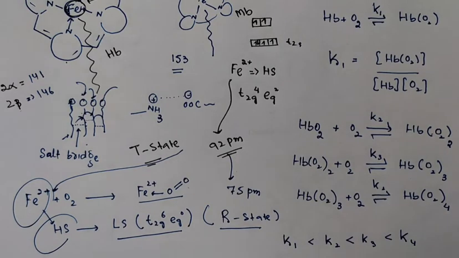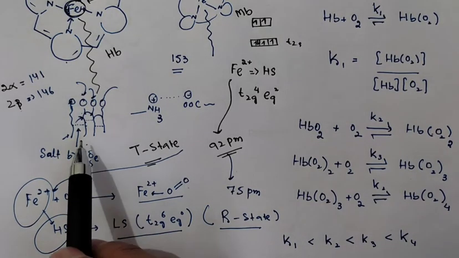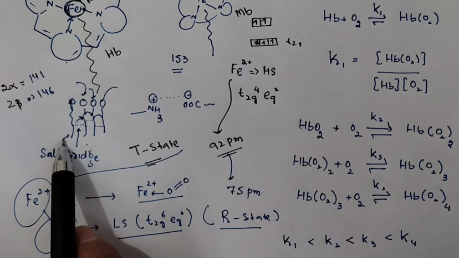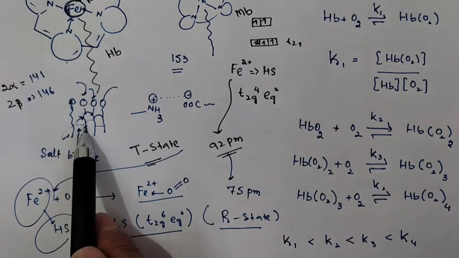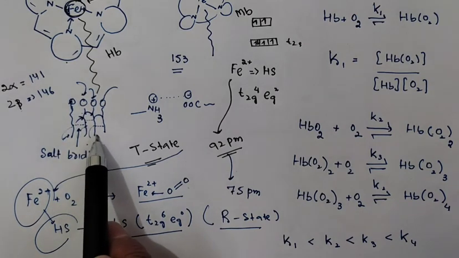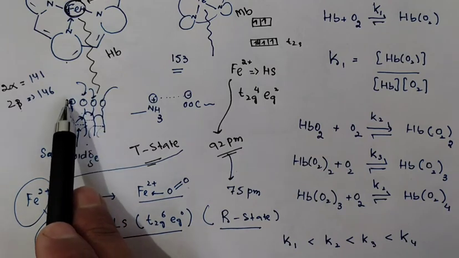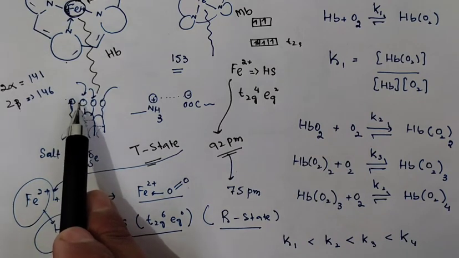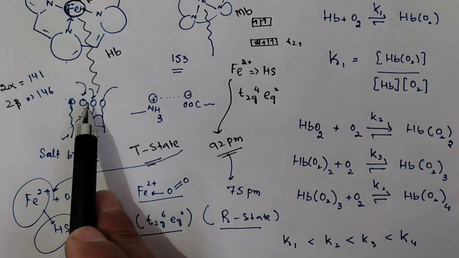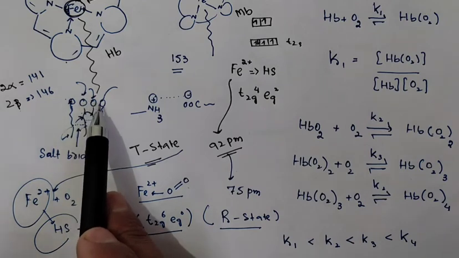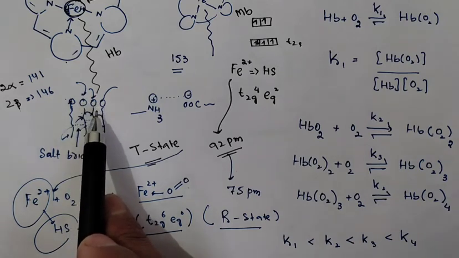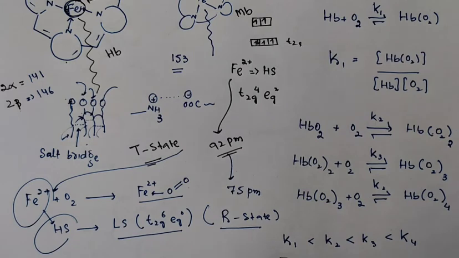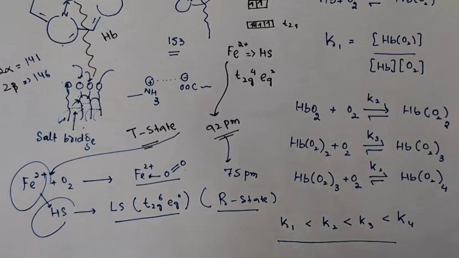So that means the affinity of the oxygen molecule to bind with the hemoglobin increases with every binding of an oxygen molecule. So that means when it binds with the first chain, the second has more affinity, then the third further increases, then the fourth has the highest affinity. So these binding constants actually follow this order. This is basically called cooperativity.